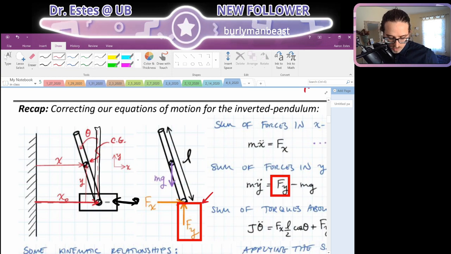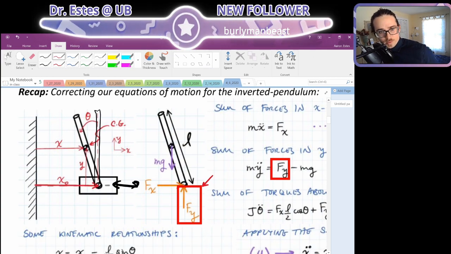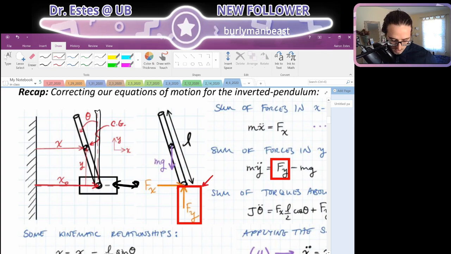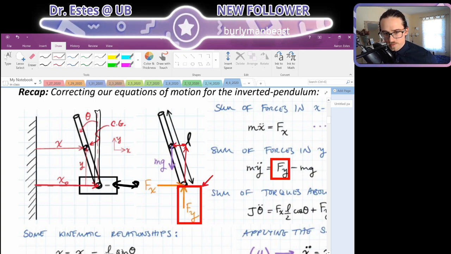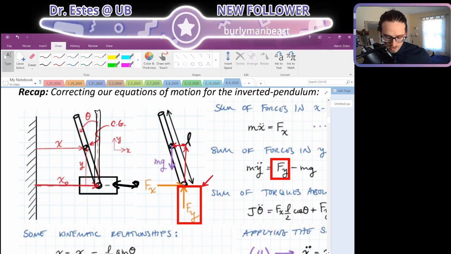We have a horizontal reaction force at this pin joint, but we forgot about the vertical reaction force. This is important because this generates a moment about the CG. There's a little bit of a lever arm there, so even though there's this normal force coming up from the bottom, it creates a moment about the CG. We missed out on that.